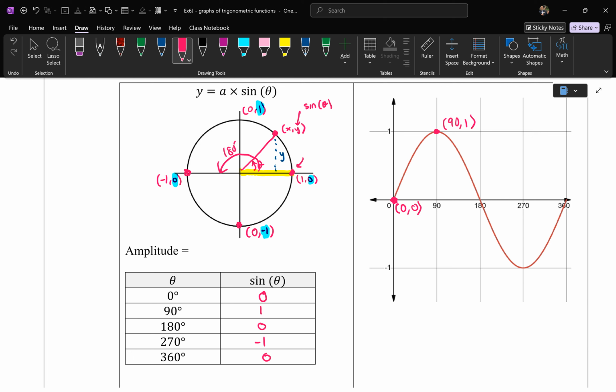At 180 degrees, the graph drops back down to 0. Then at 270 degrees, you told me 270 was negative 1. And then at 360, you're back to 0. So all those Y values, 0, 1, 0, negative 1, 0, is what the sine is telling you.